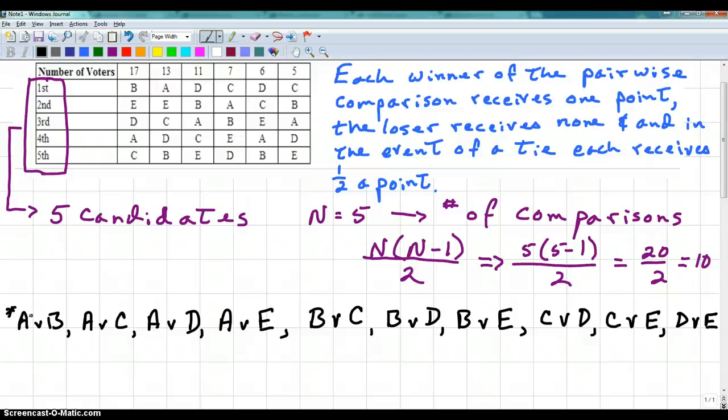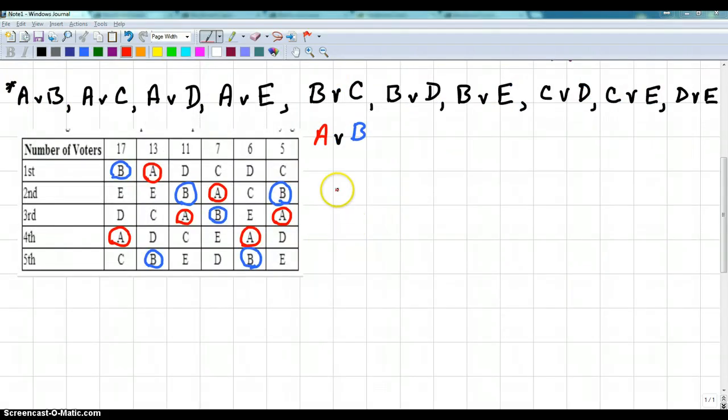What we're going to do is look at this particular table, and break it down according to which candidate in the comparison wins the column. What I've done here is use the table and circle the A's and the B's in each column. A is in red, B is in blue, and we'll see which columns show which candidate was favored.